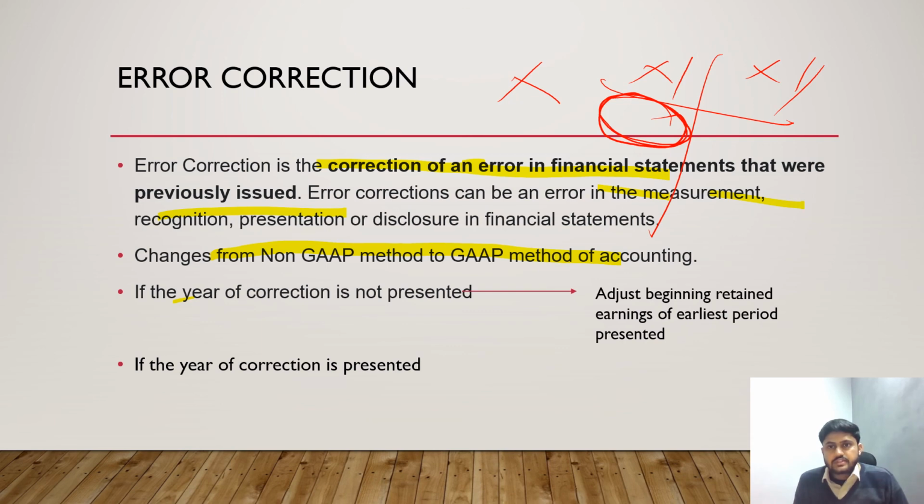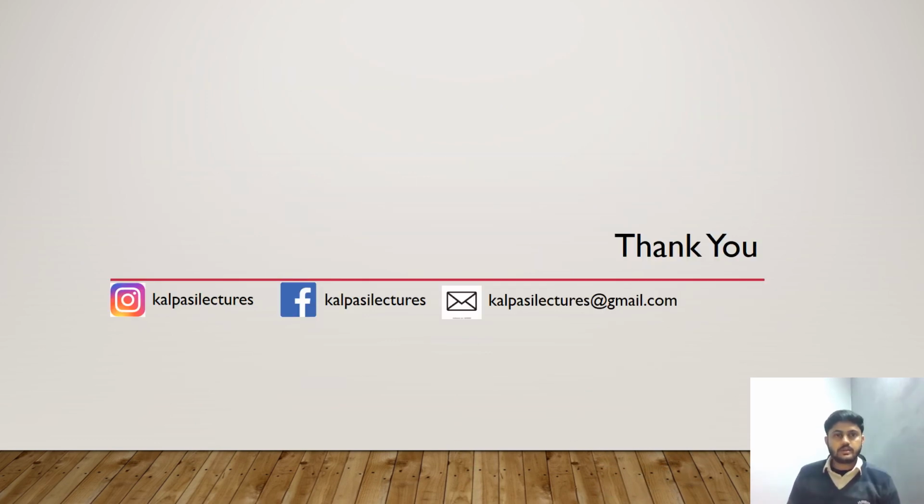So in this case, adjust the beginning retained earnings of the earliest period reported. Or if the year of correction is presented, then correct it within the financial statements, and no other effect is required. Correct the error in those prior years.